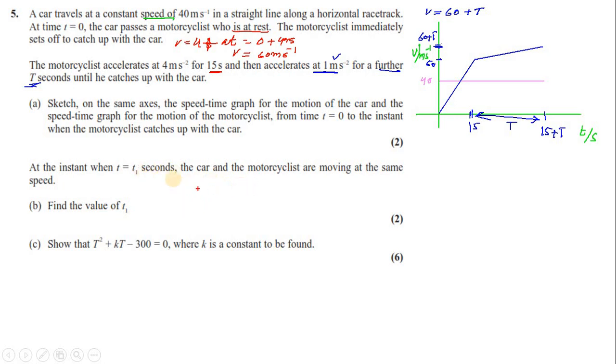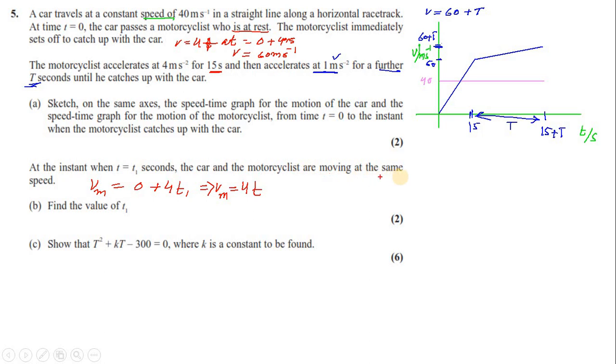For the motorcyclist, the final velocity Vm in time t1 will be equal to 0 plus 4 into t1, so Vm would be 4t1.